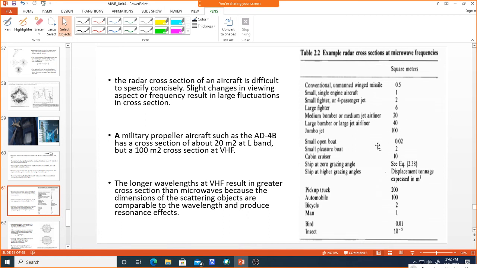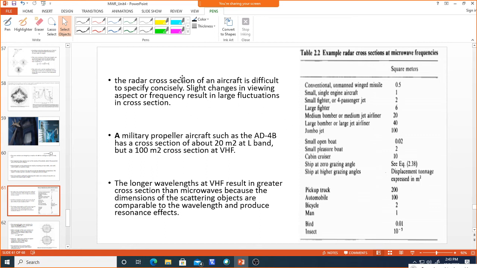You can see a small open boat which has 0.02 square meter, and a cabin cruiser. You can see a bird which has 0.01 square meter, and an insect which has 10 power minus 5 square meter. So that is the different RCS of different things or targets which is given.